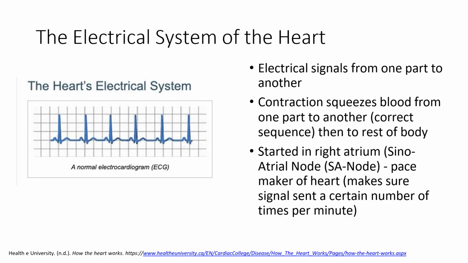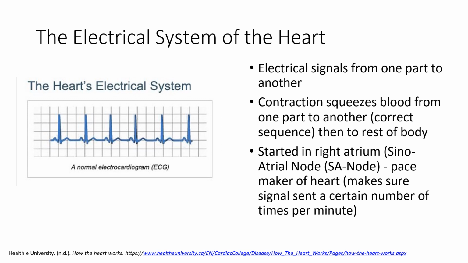And so, as was mentioned on a previous slide, the heart has an electrical system, and so it basically has a built-in pacemaker. And what this does is that there are electrical signals that occur from one part of the heart to the other. And so this results in a contraction, which squeezes blood from one part to another in a specific sequence and then to the rest of the body.